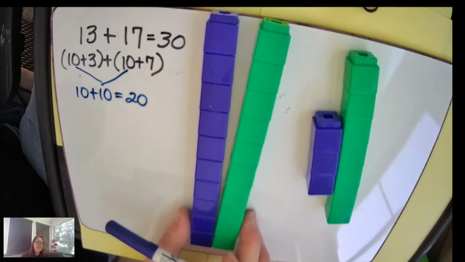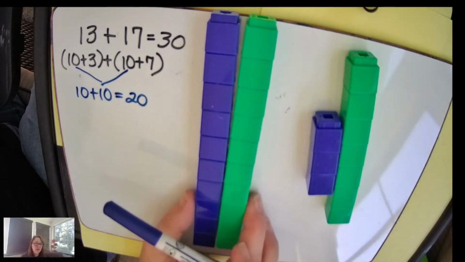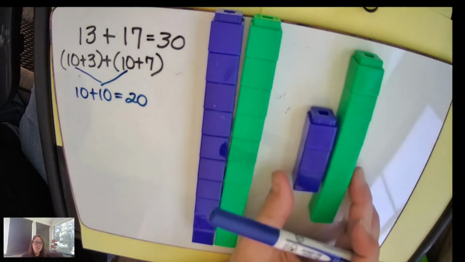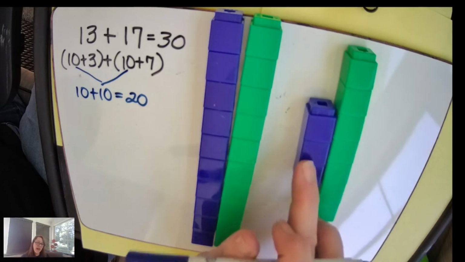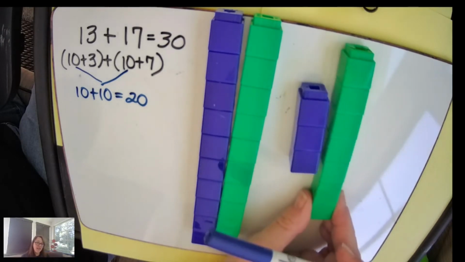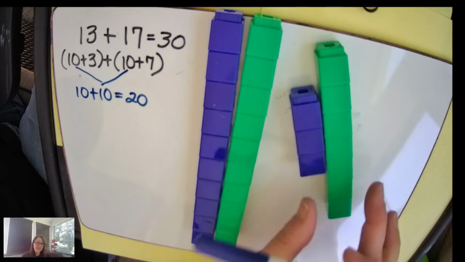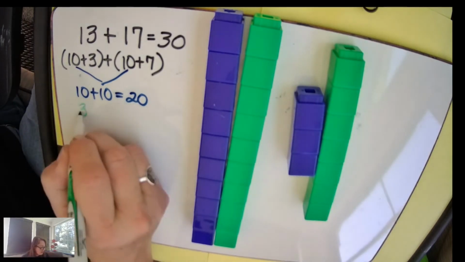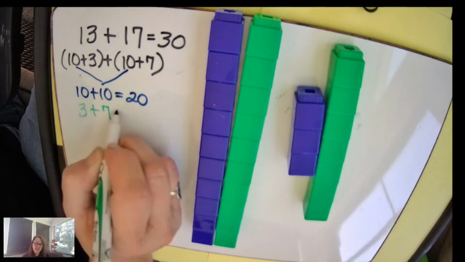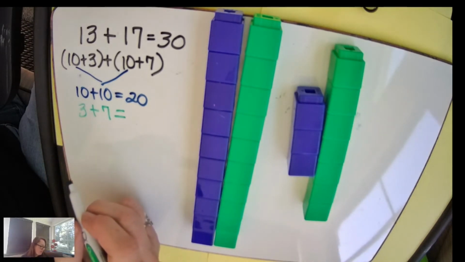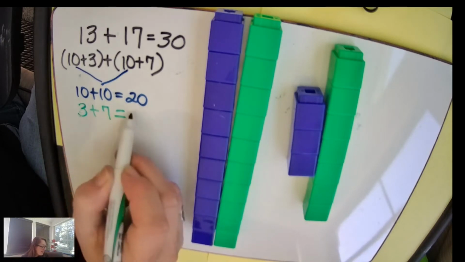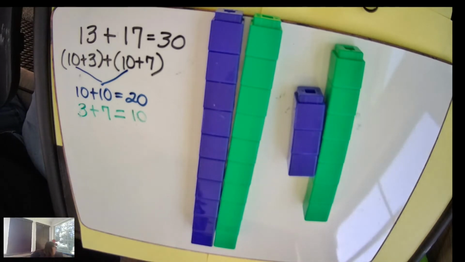Aha. So Davon says this is where he thinks Lydia was probably having some difficulty, because when you're combining the 7, the 3 and the 7, 3 plus 7, what does that equal? 3 and 7 are one of our combinations of 10.